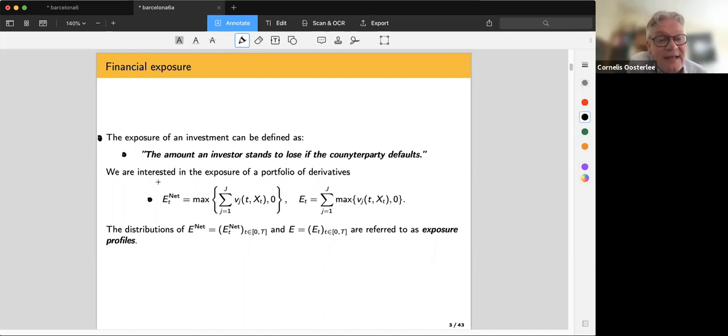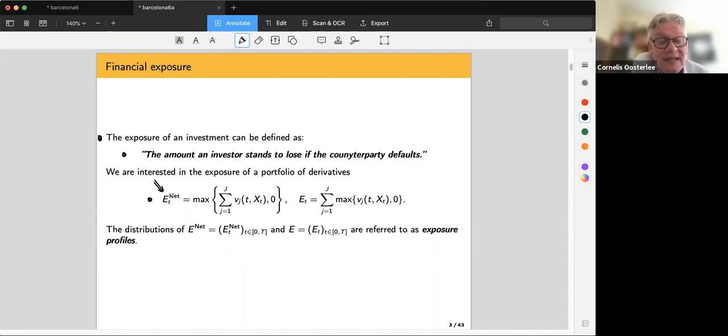And then there's a netted exposure. And the netted exposure has the maximum outside the sum, as you see. We first look at all the exposures with the counterparty. They can be positive, they can be negative. So we are netting them. Sometimes we owe the counterparty. Other instances, the counterparty owes us. We combine all of them, and then take the maximum.